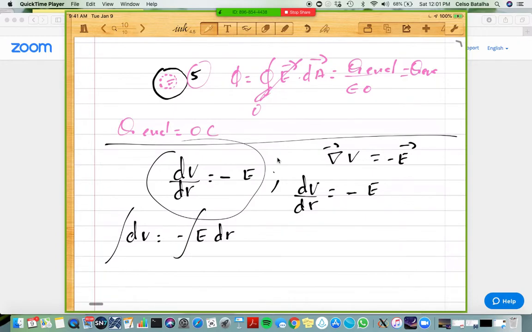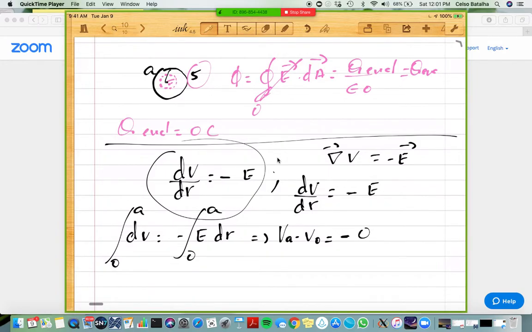You're going to add all these contributions from the center of the sphere, 0, all the way to the radius of the sphere, r, or a. And then we find on the left-hand side, VA minus V at the center is equal to negative the electric field, which is 0. So it's pretty much 0.